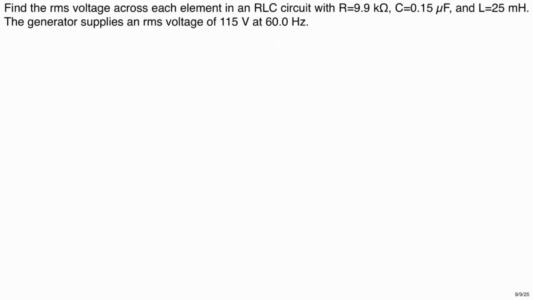Find voltage of what? Each element. In other words, find the voltage across the resistor. Find the voltage across the inductor. Find the voltage across the capacitor. Right? They want to know the nitty-gritties.